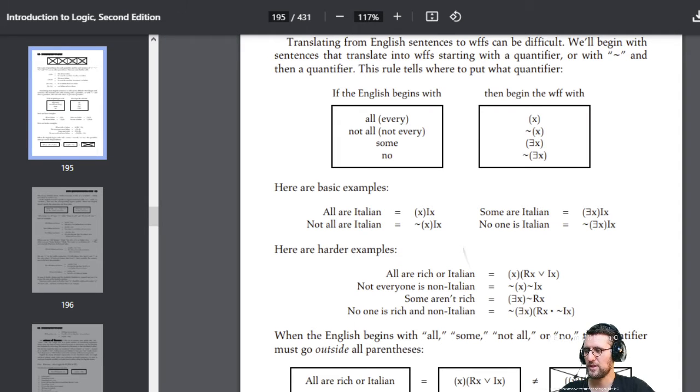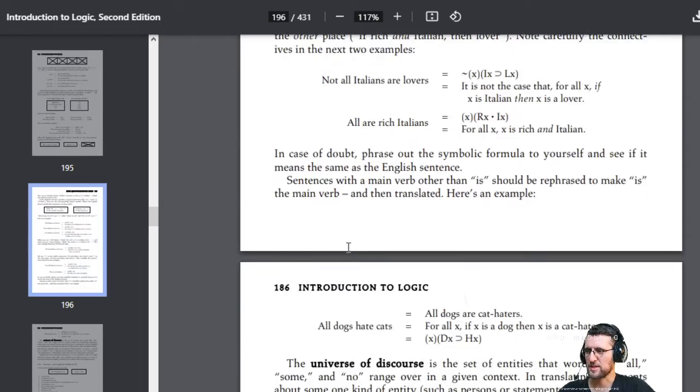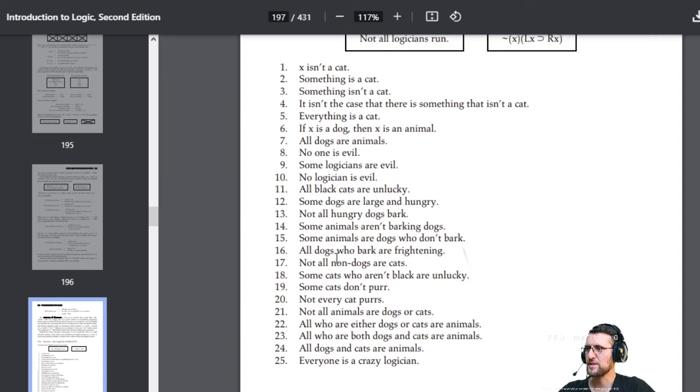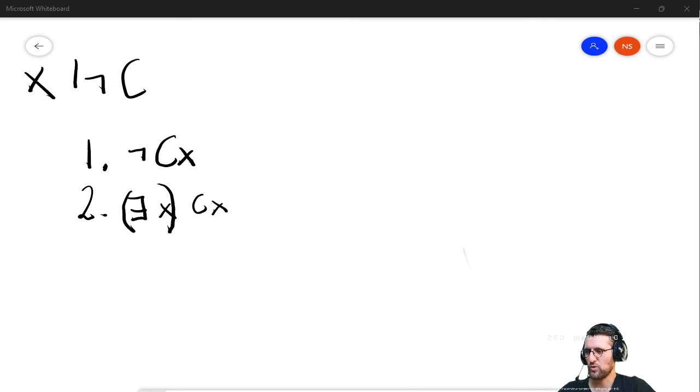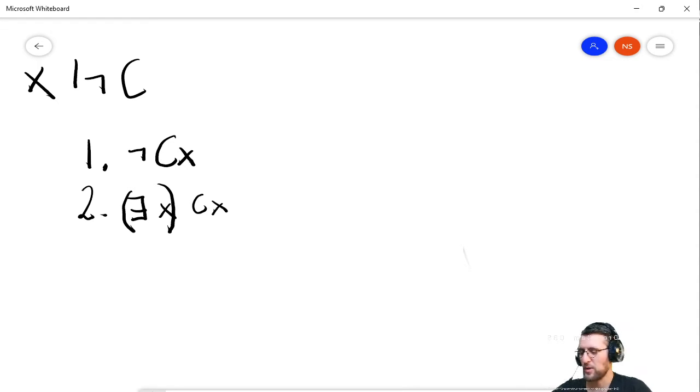And again, if you think I do something wrong, I possibly make some mistakes. I'm also just learning this. Something isn't a cat. Okay, so there is something. We just write it the same way. I need an easier way to switch to the whiteboard, to be honest.